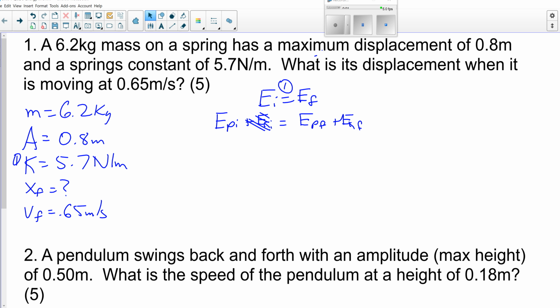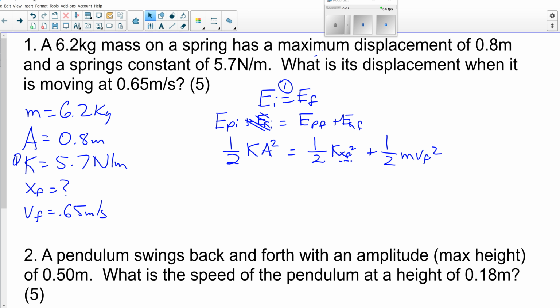So we have elastic potential energy. That's all we have at the initial point, so that's going to be 1/2 Ka squared. And then on this side, we're going to have 1/2 Kxf squared plus 1/2 mvf squared. Now, I'm looking for xf, so what should I do with the kinetic energy before I plug in any numbers?